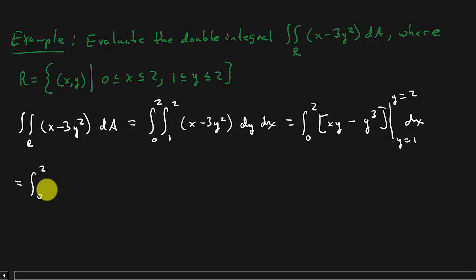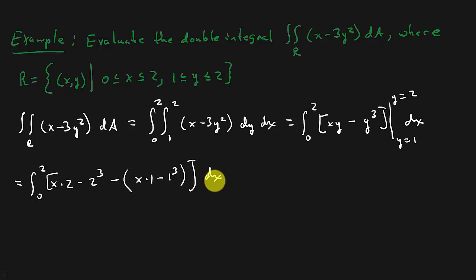So that's going to be x times 2 minus 2 cubed, right? So I plug the 2 into here, minus, and now I've got to plug the 1 in. So that's going to be x times 1 minus 1 cubed. And that's dx.